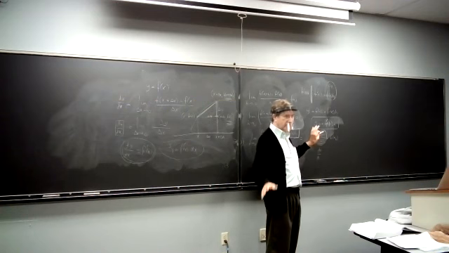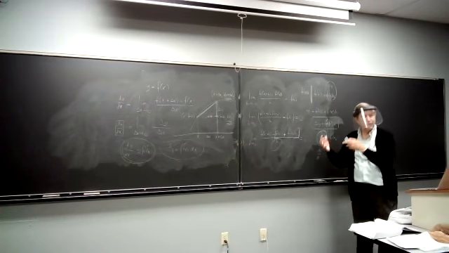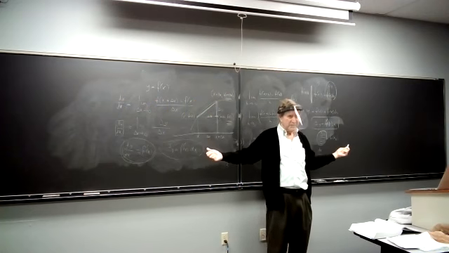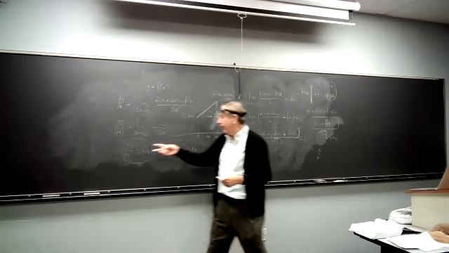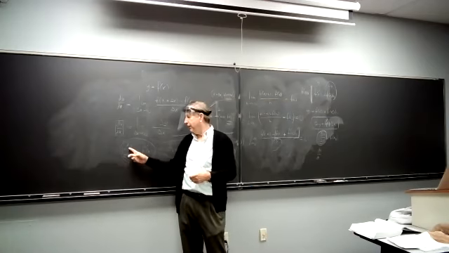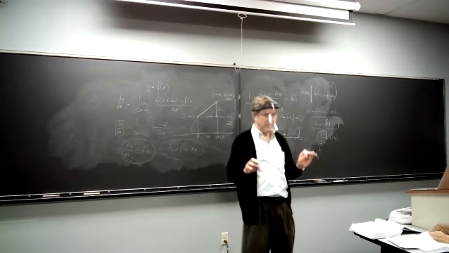Okay? Now, I'm running out of time. But historically, they didn't have functions, and so they didn't know that these two things are different. So they put them together, and they thought that derivatives were actually fractions of very small quantities. They were called infinitesimals. And it's all nonsense, mathematically.